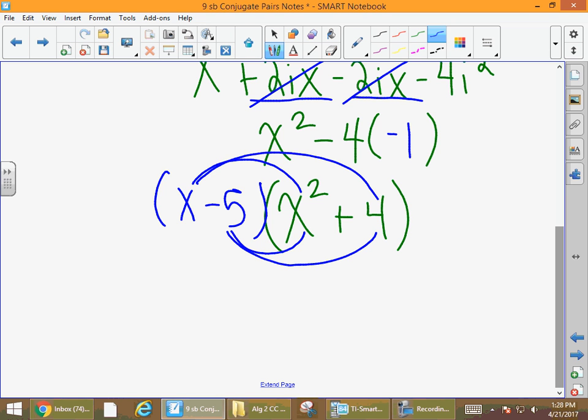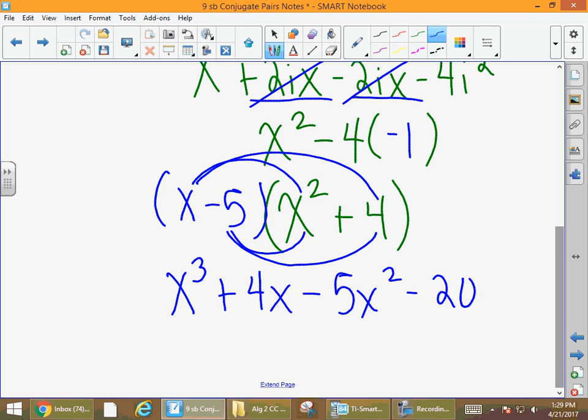And it's x times x squared, which is x cubed. X times 4 is 4x. Negative 5 times x squared is negative 5x squared. And negative 5 times positive 4 is negative 20. First, outer, inner, last.